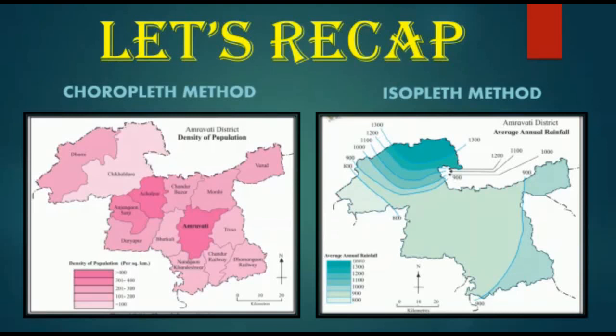It is assumed that the difference between the altitude or rainfall of two places changes at a uniform rate. Lines are drawn for the decided intervals. Locations with the same value are joined by a line. If the lines are nearer to each other, then the variable is steep. If the lines are far away, then it is gentle. This map gives us an idea of the natural trend of the distribution of the variables.